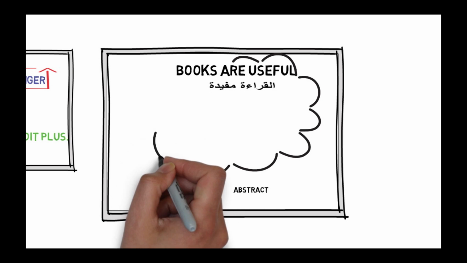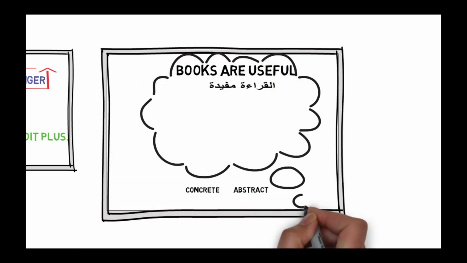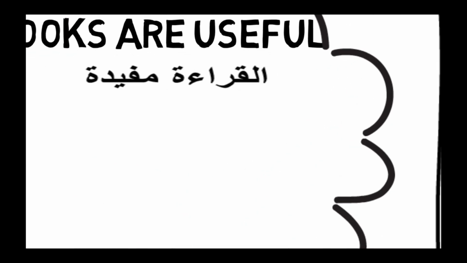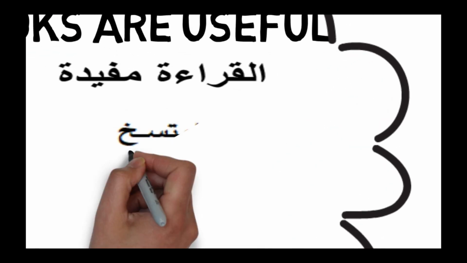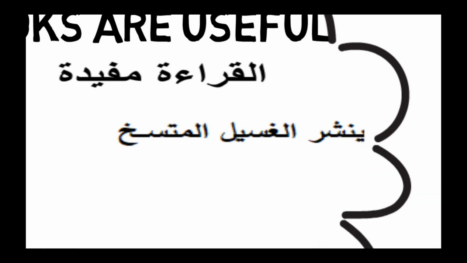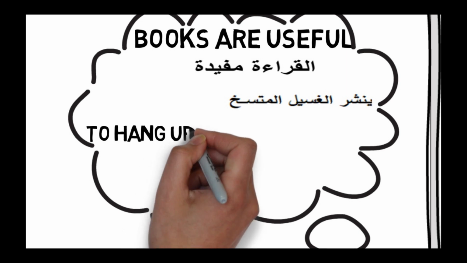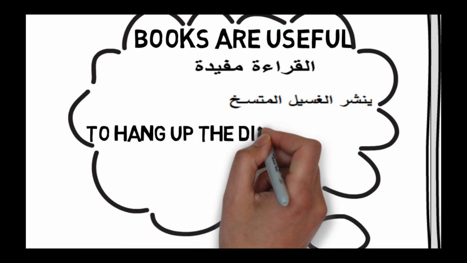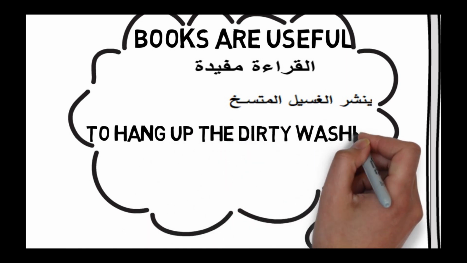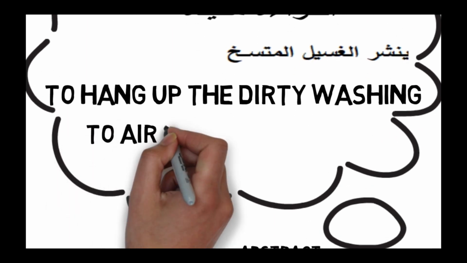By changing the concrete item, books, into an abstract concept, القراءة, reading. Sometimes this process could be obligatory, or to put it in Vinay and Darbelnet's term, fixed. For example, ينشر الغسيل المتسخ. To hang up the dirty washing, or to air the dirty laundry.